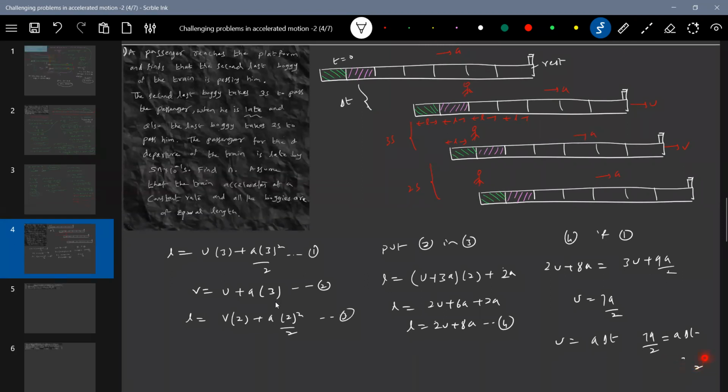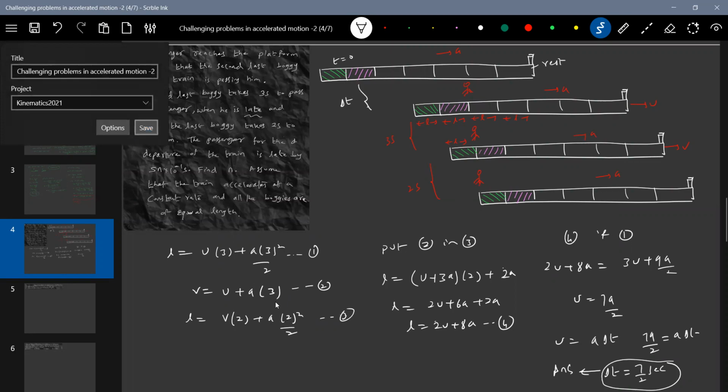Let me write it here. This is the time interval. Okay, you have to work with the information given.